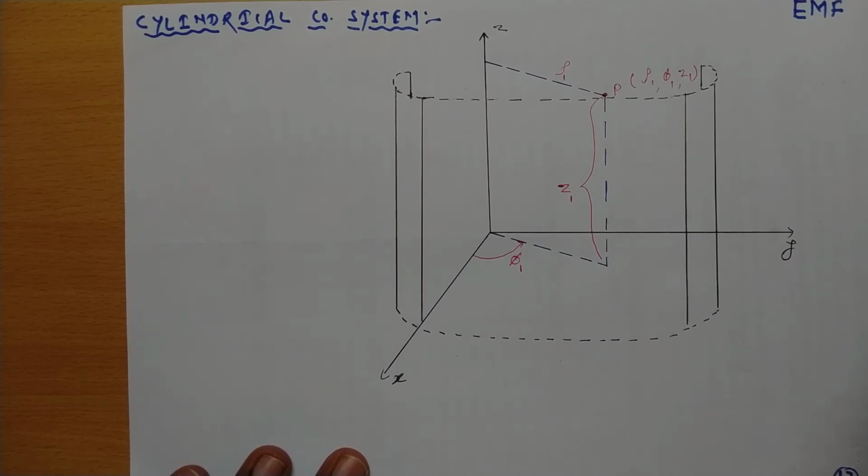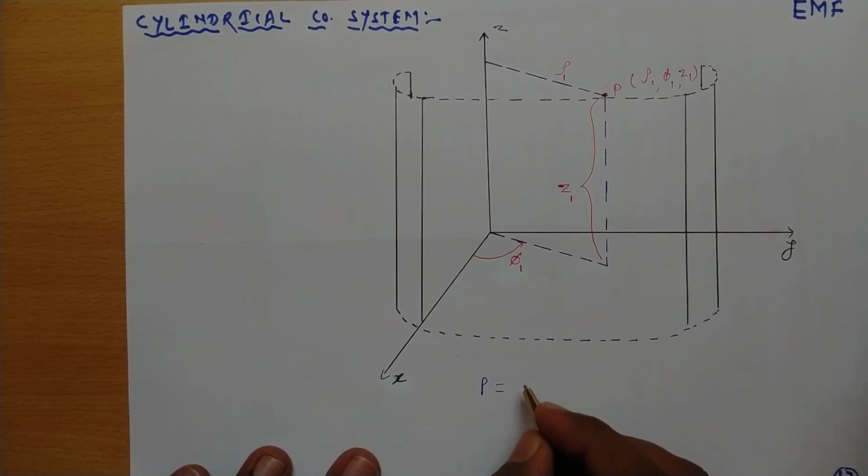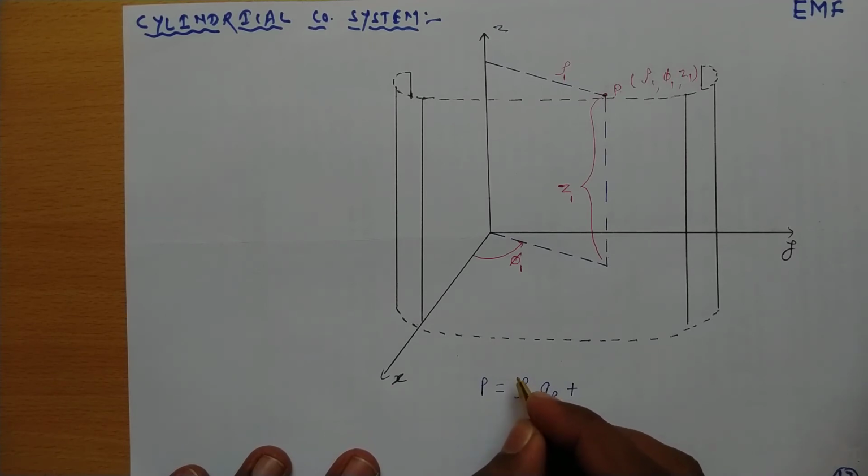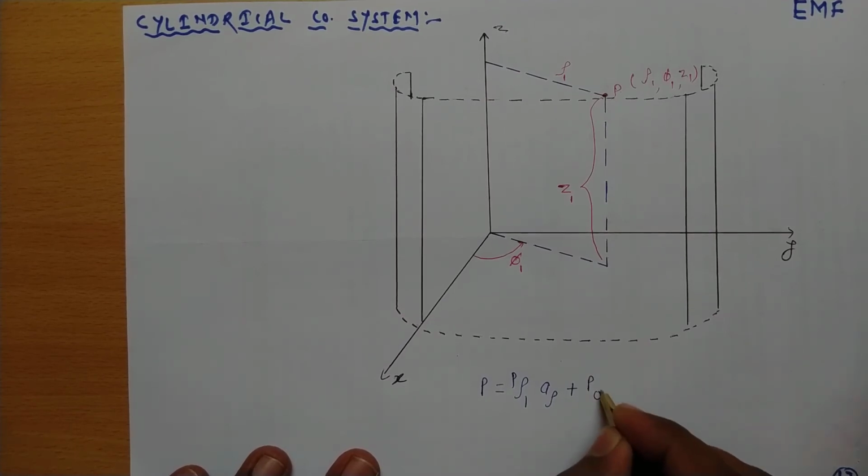I can define the point P as P rho, P phi in the direction of phi, and P z.